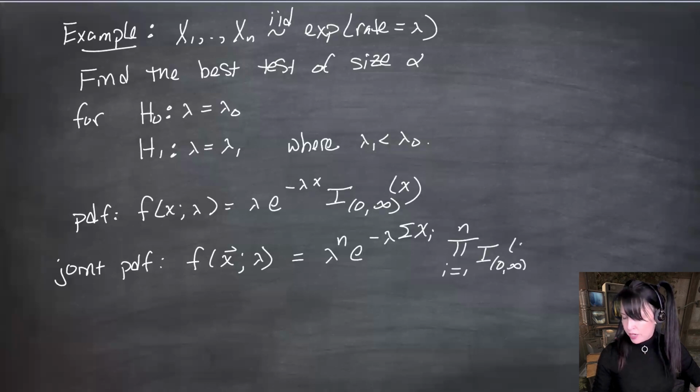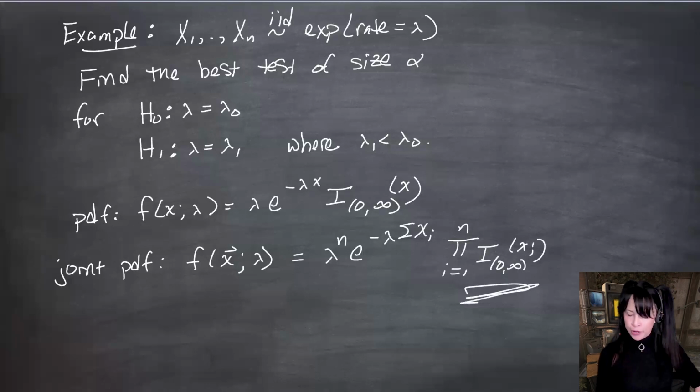This part, as usual, the indicator part, not important until it is, until the parameter is in the indicator, because I'm about to make a ratio of these PDFs and put a lambda naught and a lambda 1, and this is going to be the same in the numerator and denominator, so it's just going to cancel away, whereas it wouldn't cancel away if this was, say, an interval from 0 to lambda.